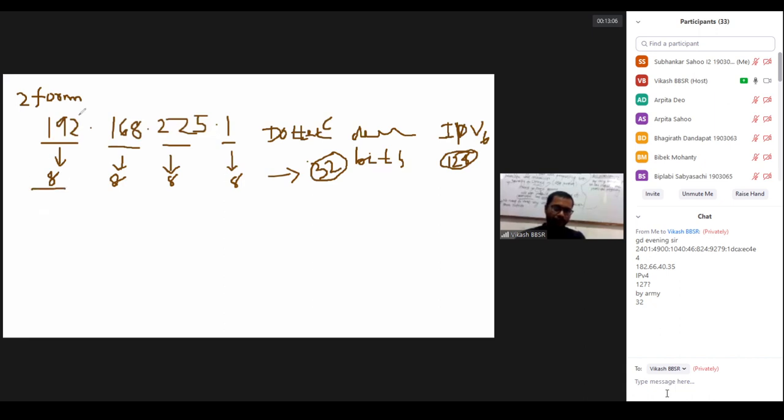Can you convert 192 into 8 bits? Can you tell how many bits? 8 bits into binary.